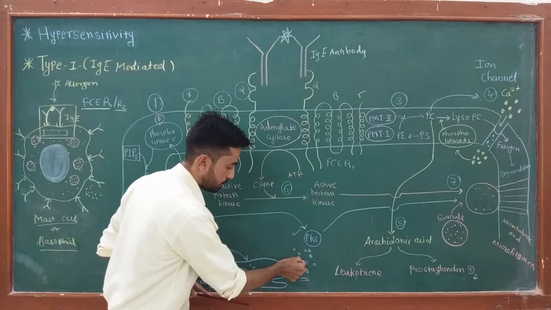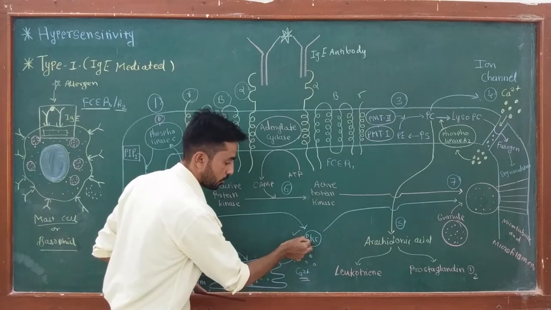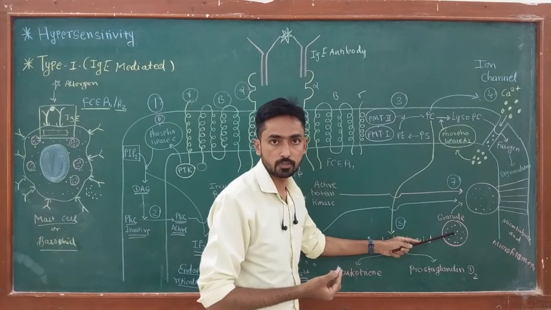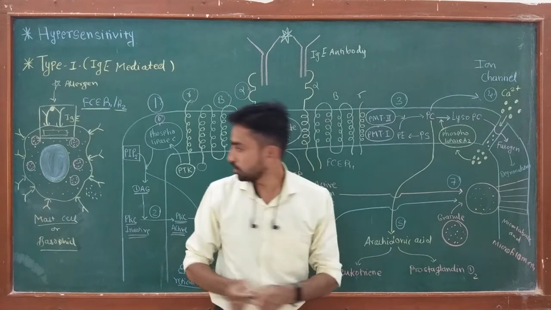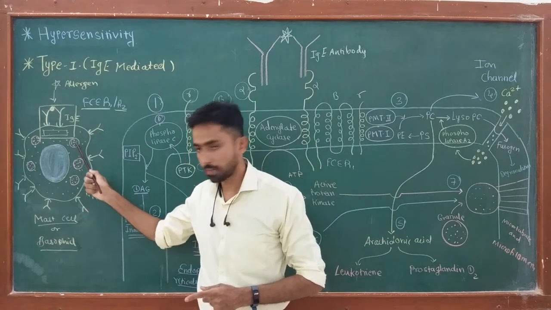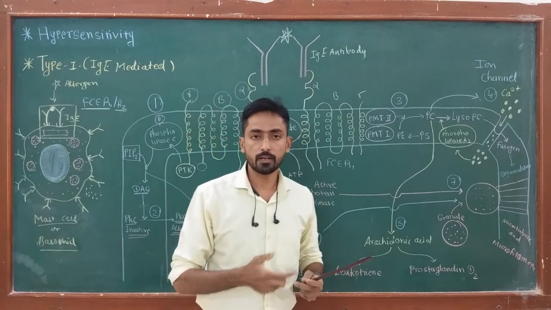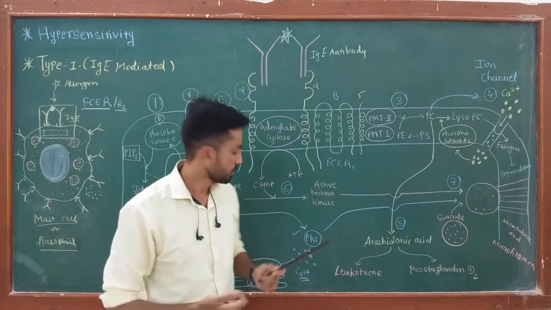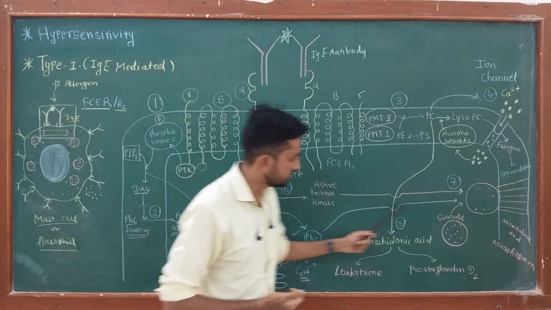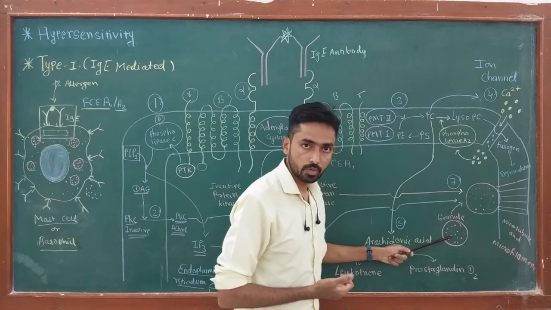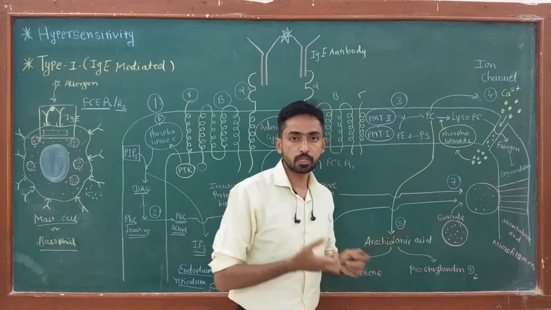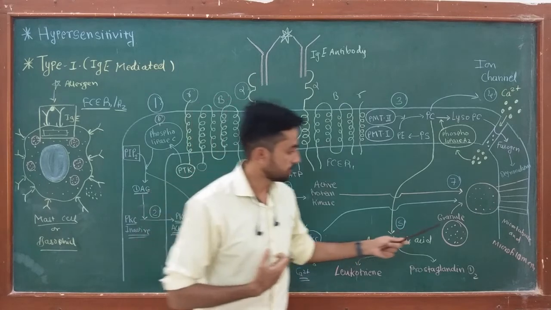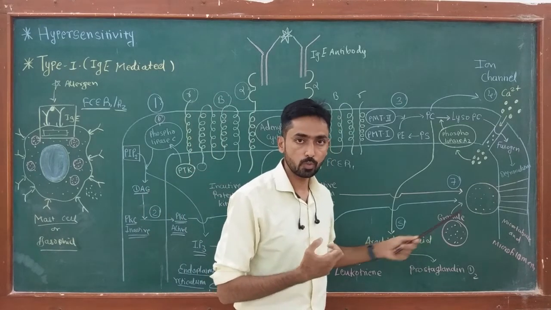combine together, and with the help of calcium ion, this protein kinase C is going to act on the granules. This type of granule is already present in the mast cell. The granules contain a number of mediators of hypersensitivity, like histamine. Due to action of the protein kinase C, the permeability of the granules to water and calcium ions increases.